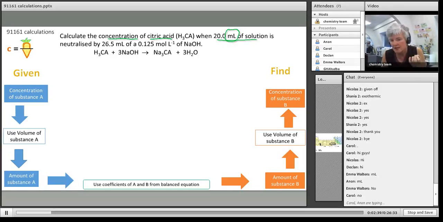Now one way is trying to imagine the amount. Correct, Carol, we divide. Because if I've got 20 milliliters, it's like a tablespoon. So if I've got a tablespoon of citric acid, and I multiply by 1,000 to get to liters, it's going to be like 20,000 Coke bottles.